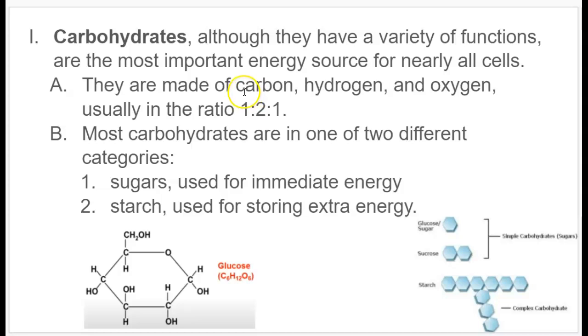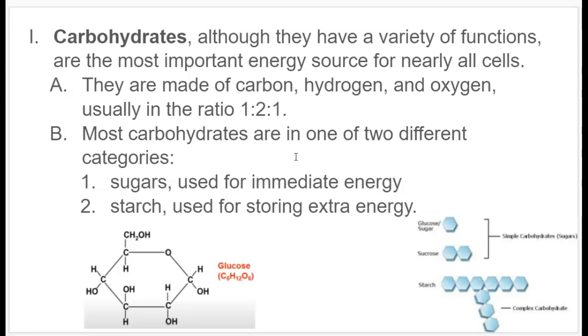It's basically different amounts of carbon, hydrogen, and oxygen, so C, H, and O. The ratio that we usually see carbohydrates in is a 1 to 2 to 1 ratio, meaning for every 1 carbon, there's 2 hydrogens and 1 oxygen. The most common example that people remember is glucose, which is C6H12O6. So it's a 1 to 2 to 1 ratio if we reduce that C6H12O6.